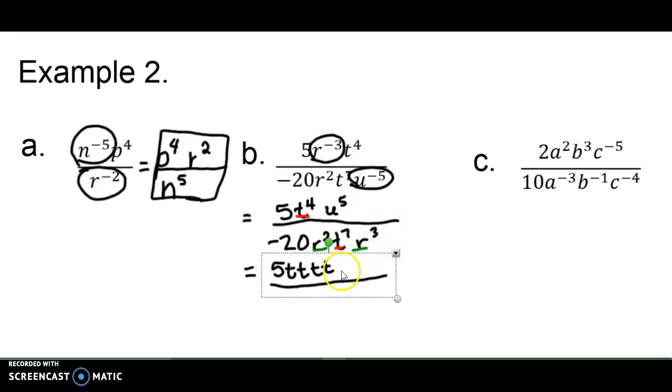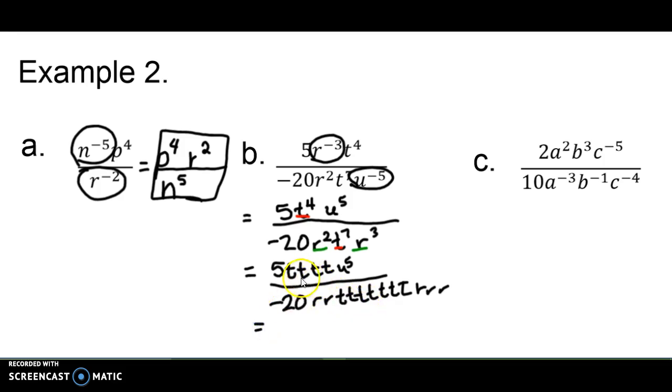And then u to the 5th, it's the only base of u, so I'm just going to rewrite it as u to the 5th power. In my denominator, I have negative 20. And then r times r for r squared, t times t times t times t times t times t times t, 7 t's, and then 3 r's.